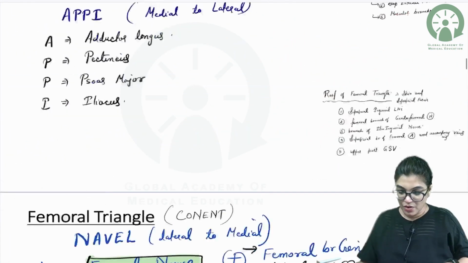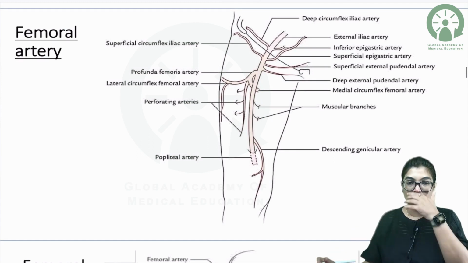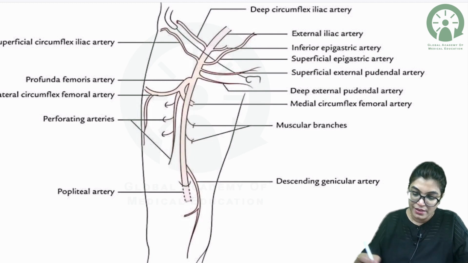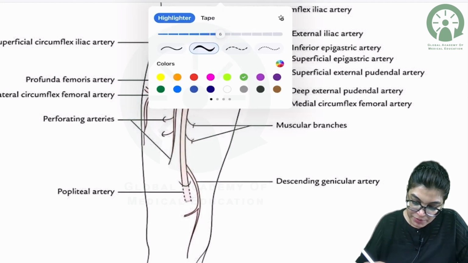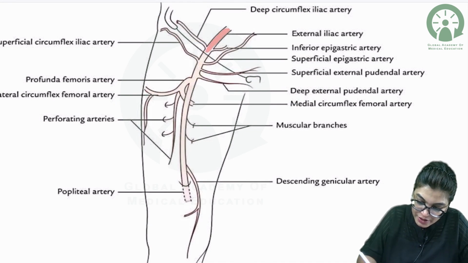So done with this, now we have done with the femoral triangle. Now I just want to show you the femoral artery and its important branches as a content in femoral triangle. You can see here, let me use red color for it. You can see external iliac artery.